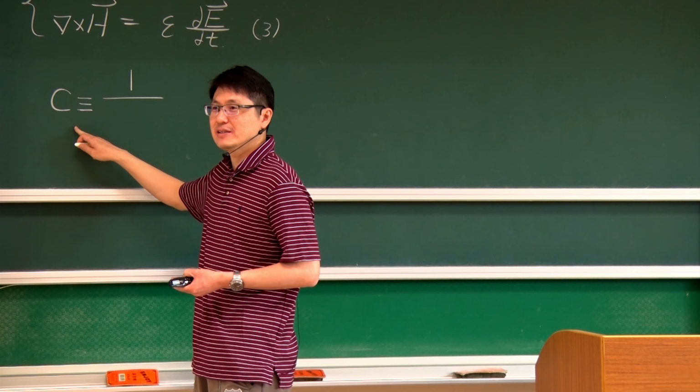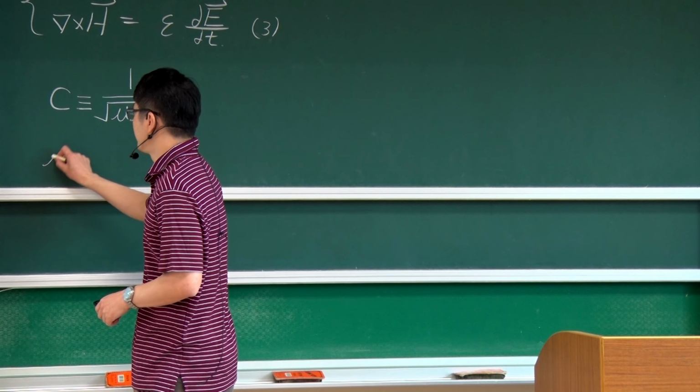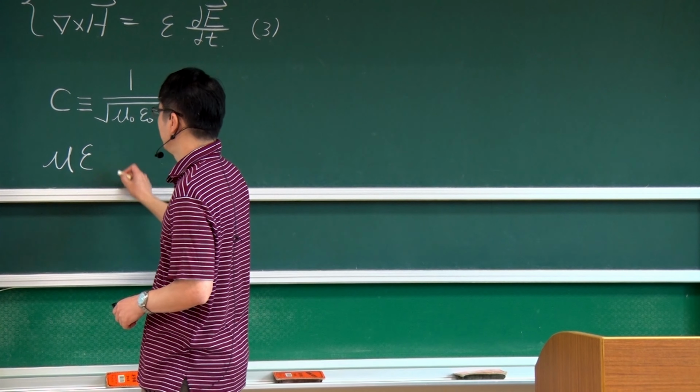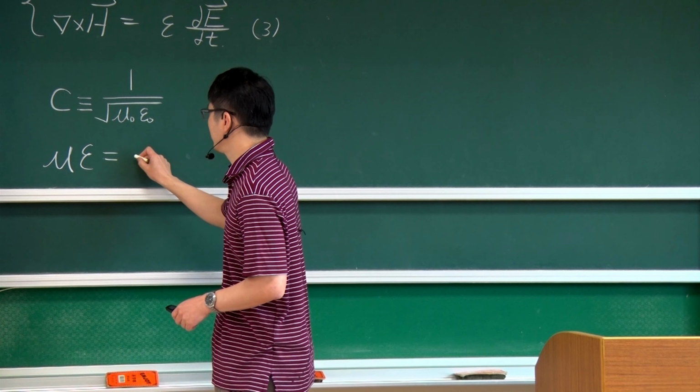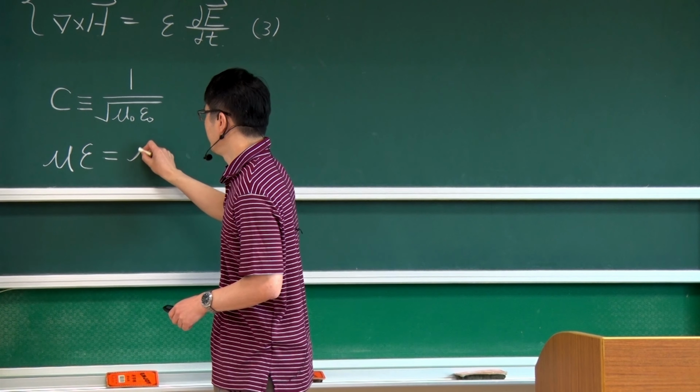The multiplication of mu 0, epsilon 0, you take the square root and you invert it, okay? So what is mu epsilon? Mu epsilon is mu r, epsilon r, mu 0, epsilon 0, right?